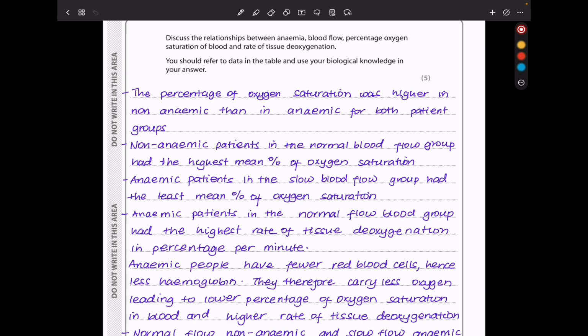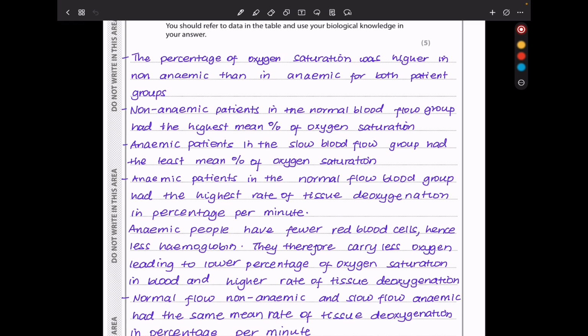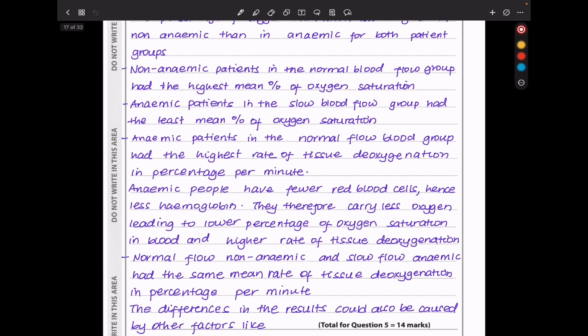The non-anemic patients in the normal blood flow group had the highest mean percentage of oxygen saturation. The anemic patients in the slow blood flow group had the least percentage of oxygen saturation. Anemic patients in the normal blood flow group had the highest rate of tissue deoxygenation in percentage per minute.